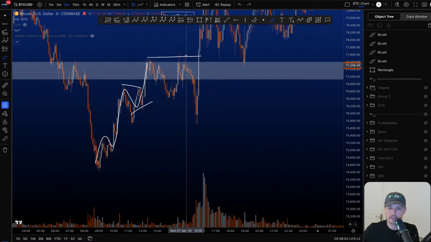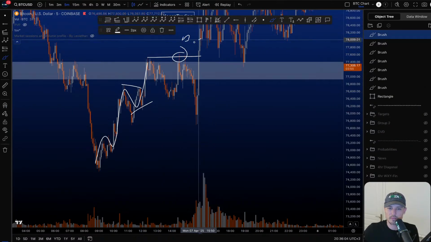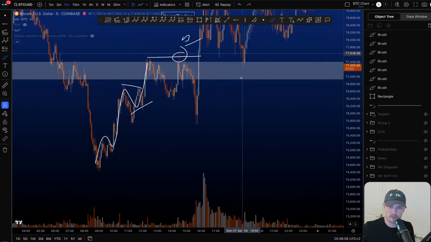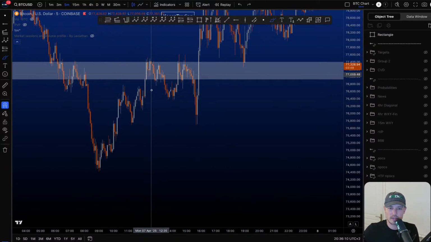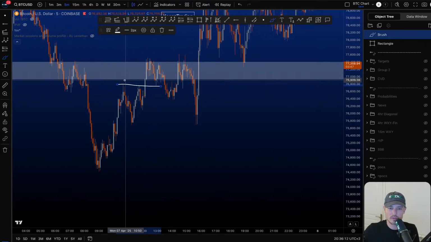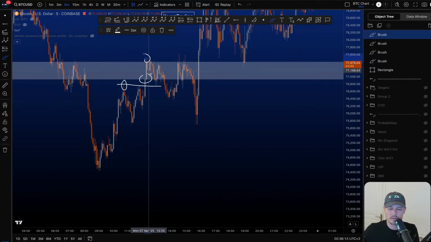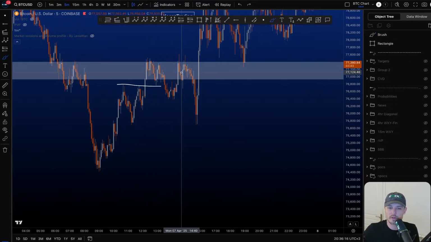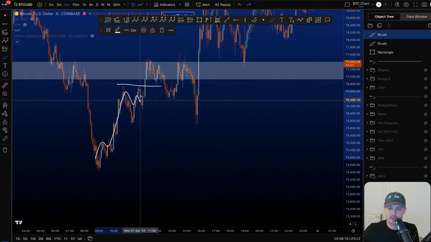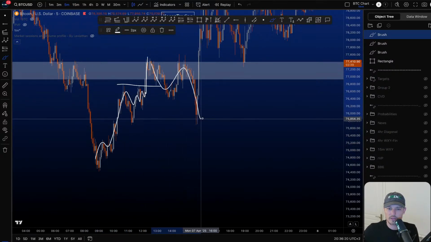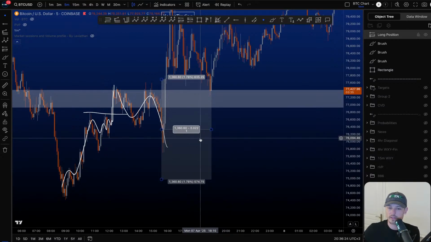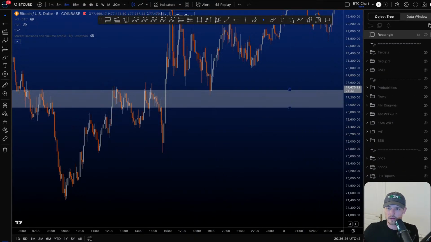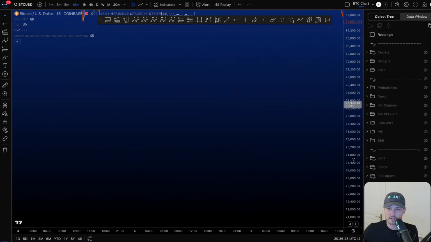In other words, probabilities are higher that this is either a B or an X. Preferably a wave 5, just like over here, has some candle closes above a 3, much cleaner instead of a wick. 1, 2, 3, 4, 5, then a 3-wave down. That's your potential 5.